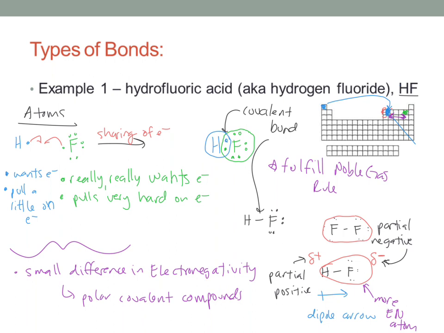We don't have an equal sharing of electrons, we have an unequal sharing of electrons. And in fact, I'll add that now and repeat it at the end: in polar covalent compounds, you have an unequal sharing of electrons. And that's what gives rise to the polar covalent compounds. So let's take a look at some other representations here.